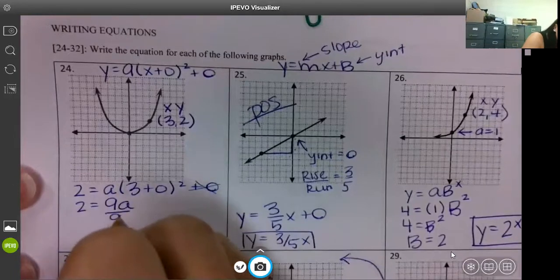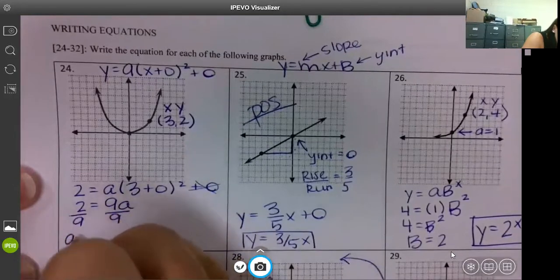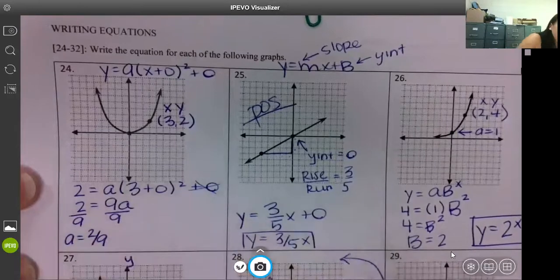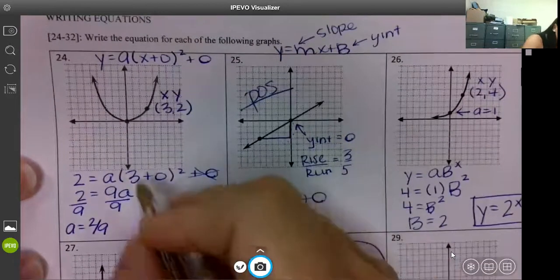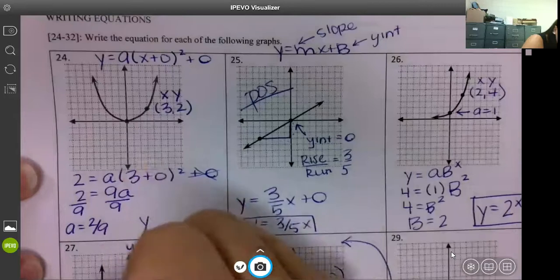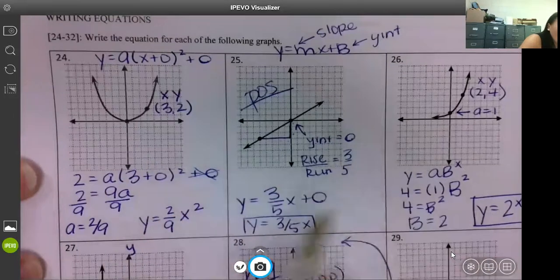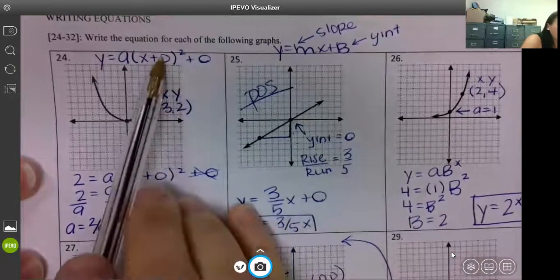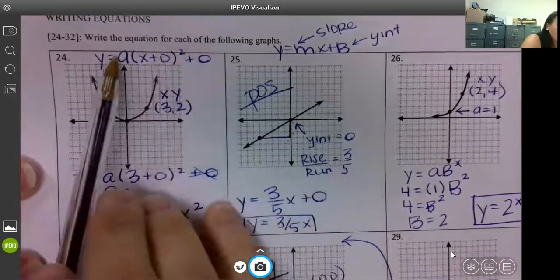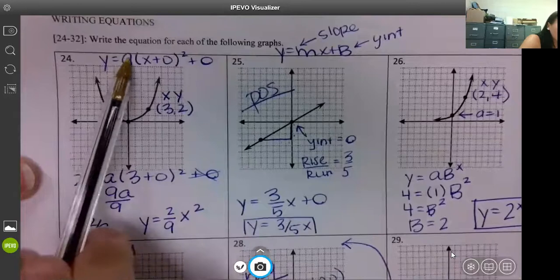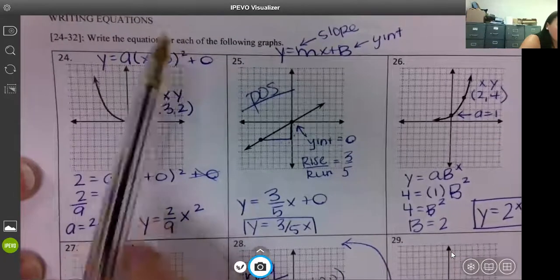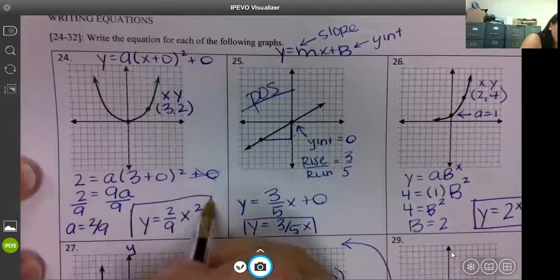We're going to divide by 9, and we get a equals 2/9. That means that our equation is y equals 2/9 x squared. And why it's x squared and nothing else is because these zeros don't matter. So 2/9 x squared, because the zeros don't matter.